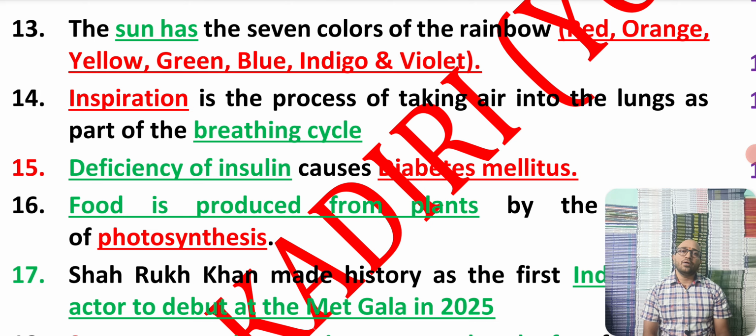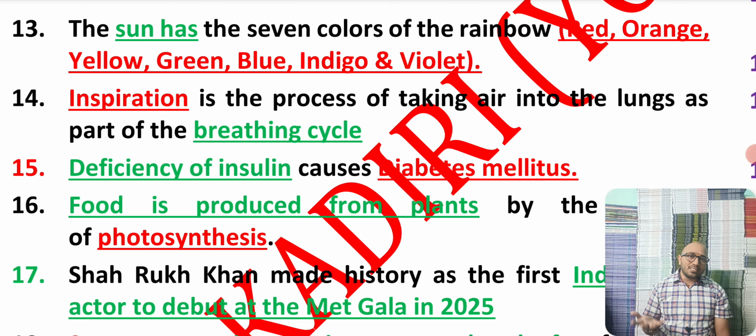The lack of insulin causes diabetes mellitus as well as diabetes insipidus. As you can see here, insulin is produced by the pancreas. When the pancreas functions inappropriately, you will have less production of insulin.